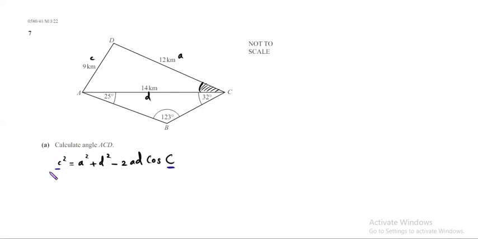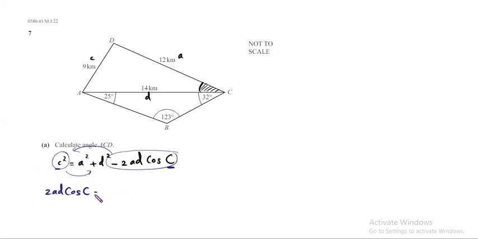Now, before I do the substitution, as I'm trying to find the value of this angle C, I'm going to make cos C the subject. To do that, I'm going to take this minus 2ad cos C to this side of the equation and this c squared to the other side. So this will be 2ad cos C, because the negative 2ad cos C becomes positive when it goes to the other side.